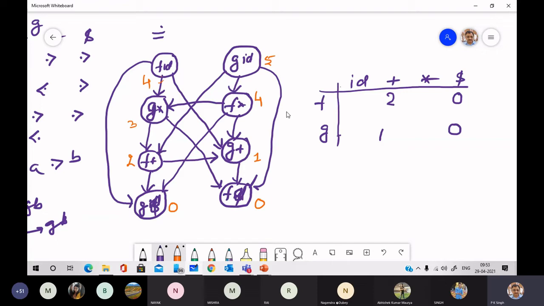So GID is 5, FID is 4, and G asterisk is 3 and 4.